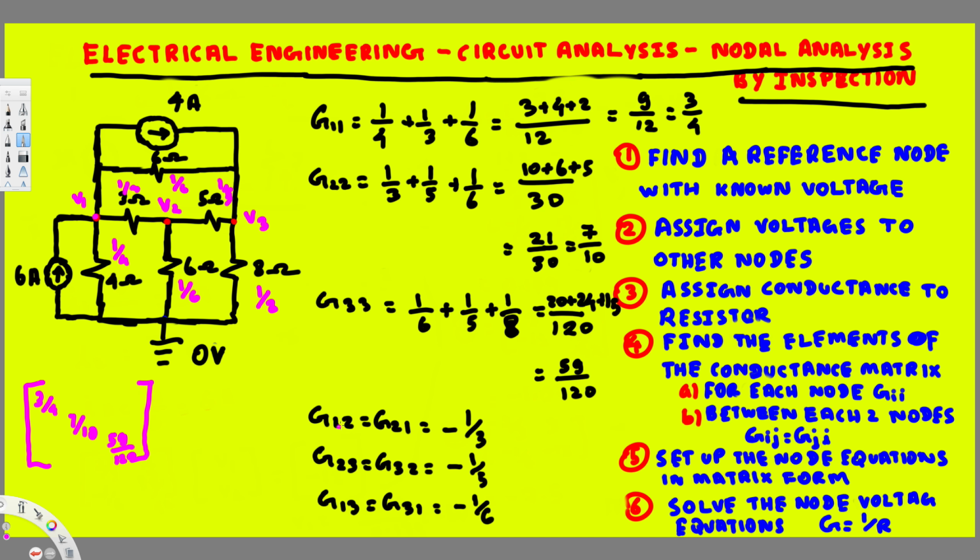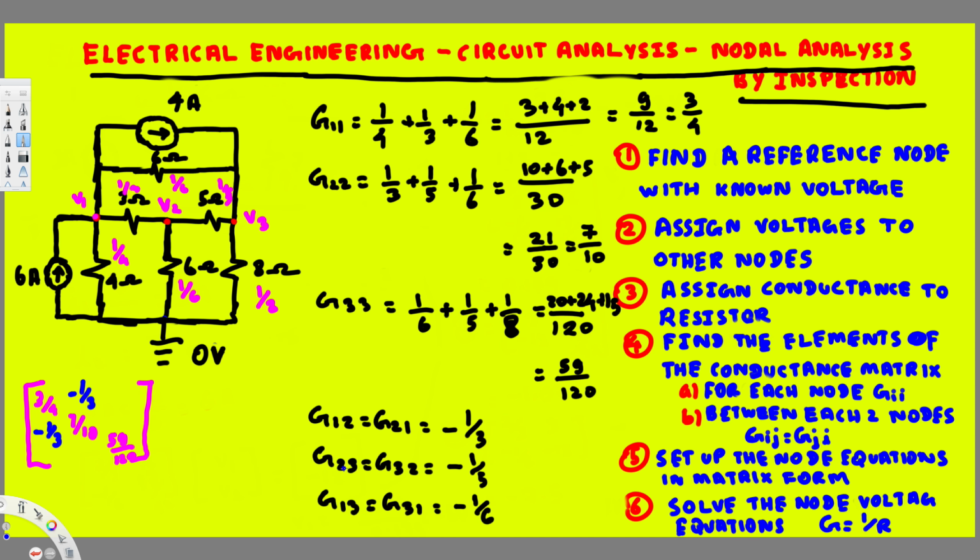And the other thing, the conductance in between V1 and V2 was 1 over 2... actually 1 over 3. So this is first row second column, and that's going to be minus 1 over 3. Second row first column is going to be minus 1 over 3 as well.